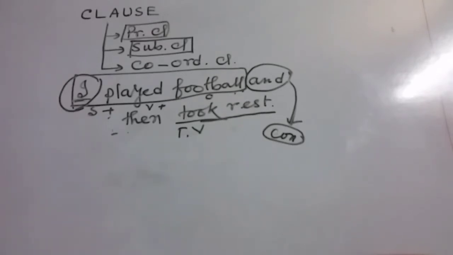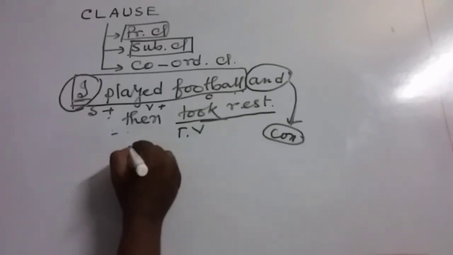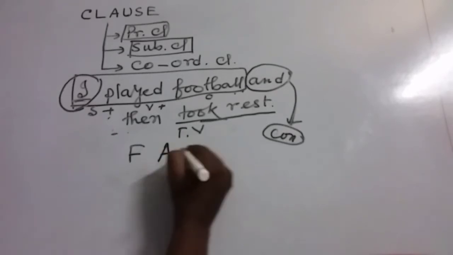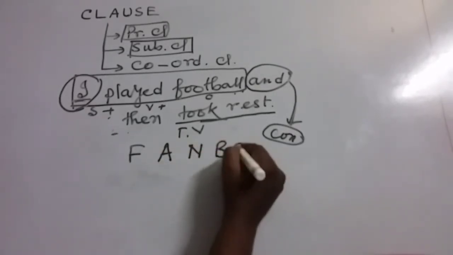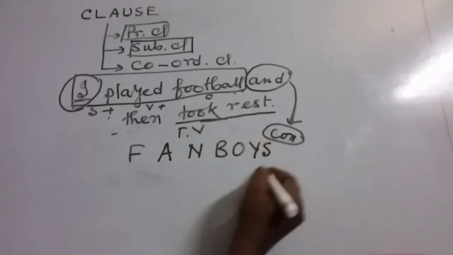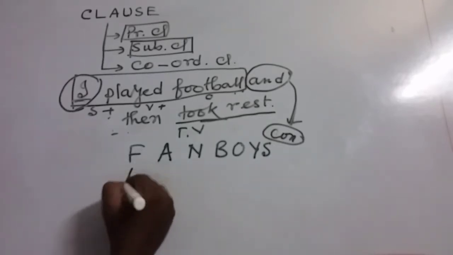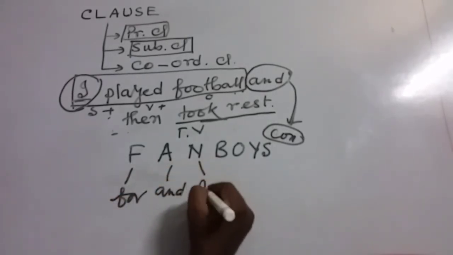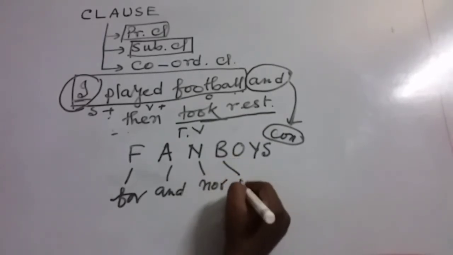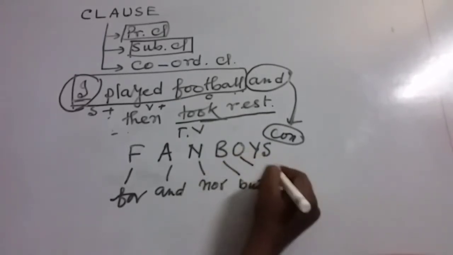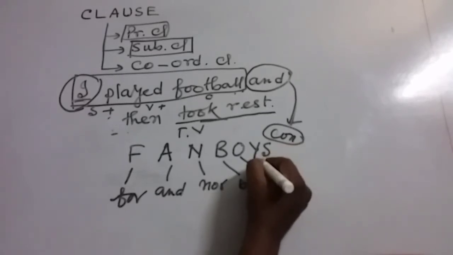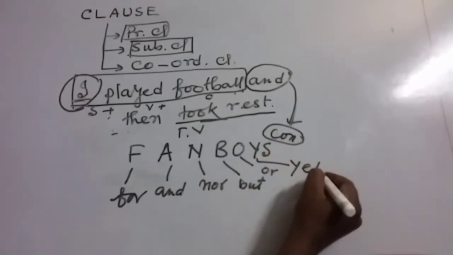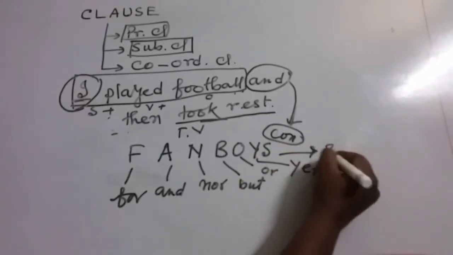My dear friends, I am just going to write down one acronym. You can see FANBOYS. F for, A for and, N for nor, B for but, O for or, Y for yet, and S for, you can say, so.